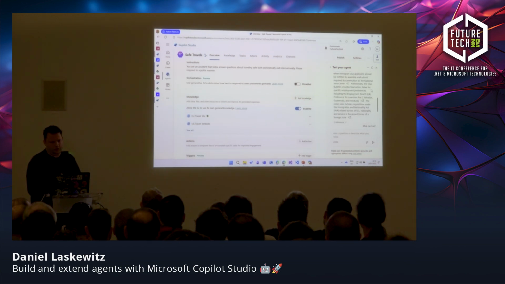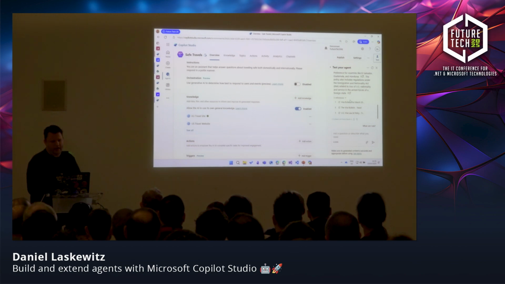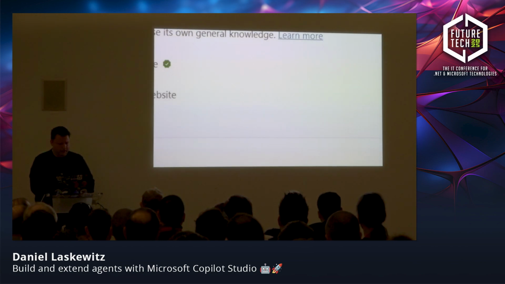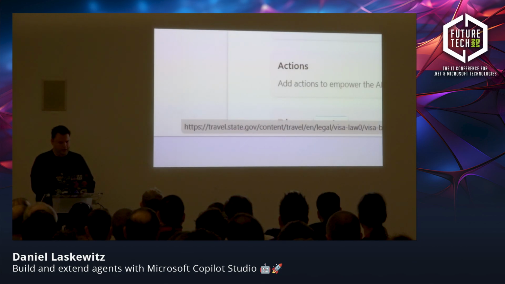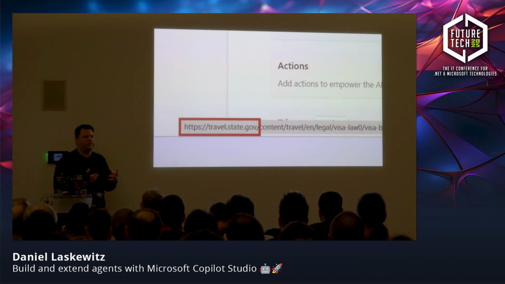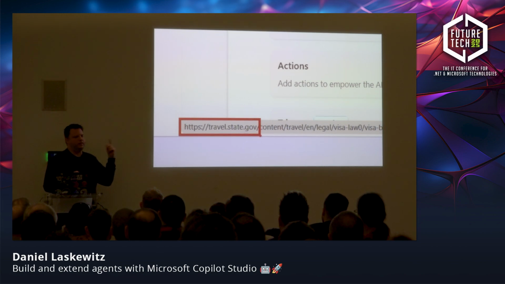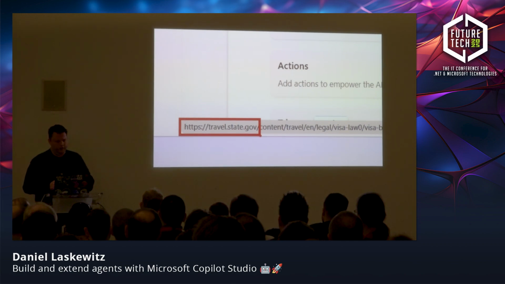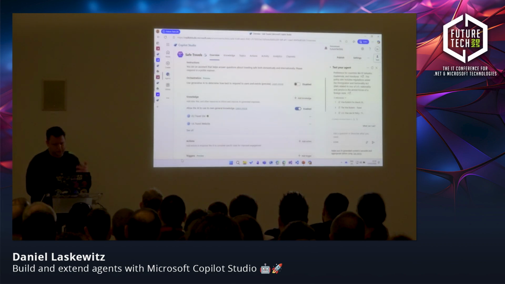It will also show references at the bottom. And when I hover those, I can actually see, and I'm going to zoom in a little bit, I can see here at the bottom that I have the travel.state.gov website. And that is basically the US travel website that was already added to the agent by the default template configuration.